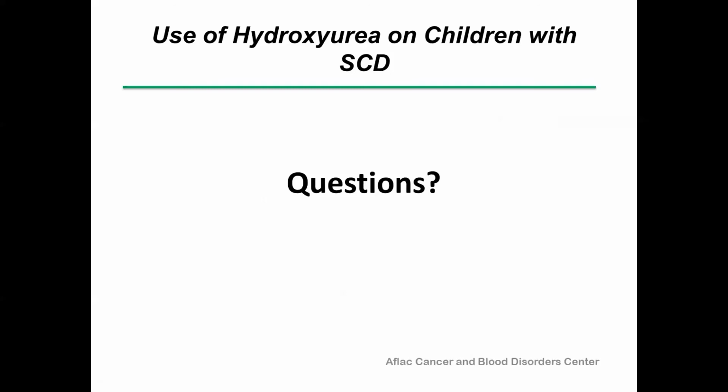It turns out, though, that hydroxyurea in the doses that are used in sickle cell disease, and this has been looked at very carefully now, and patients with sickle cell disease have been taking this medication for now over 30 years, in adults anyway, there is no increased risk of developing cancer when hydroxyurea is used properly in sickle cell. Hope that answered the question.